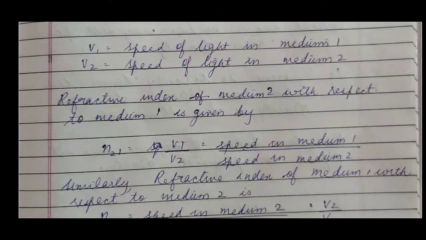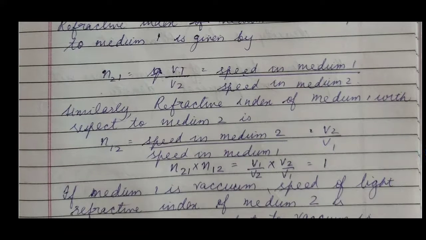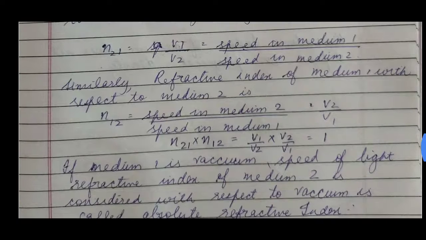Similarly, the refractive index of medium 1 with respect to medium 2 can be written as V2 upon V1, n12. When we multiply both of them, the product of n21 and n12 is 1. How? We have n21 as V1 upon V2 and n12 as V2 upon V1, so when we take the reciprocal, we get the answer 1.